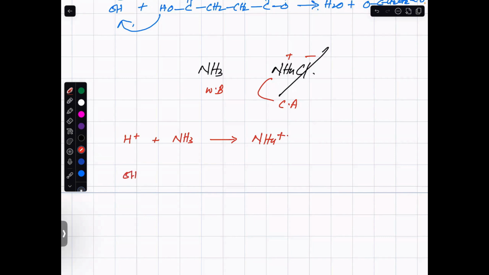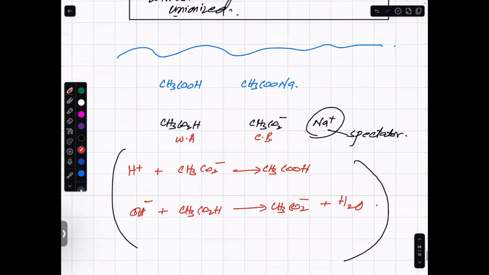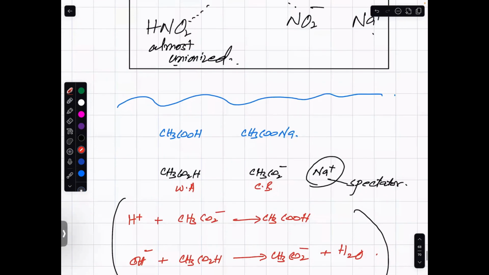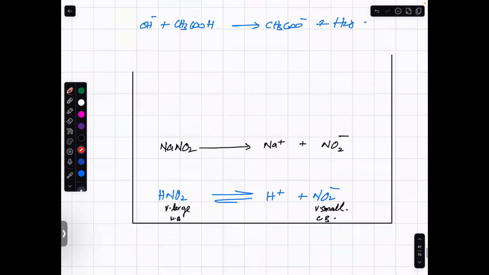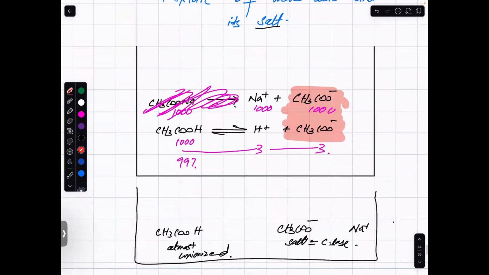If OH is added, it's going to combine with ammonium, and ammonium will lose H plus to OH, making water and ammonia. Right? So I hope you understand how to write the equation that shows how the H plus and the OH are neutralized by the buffer.